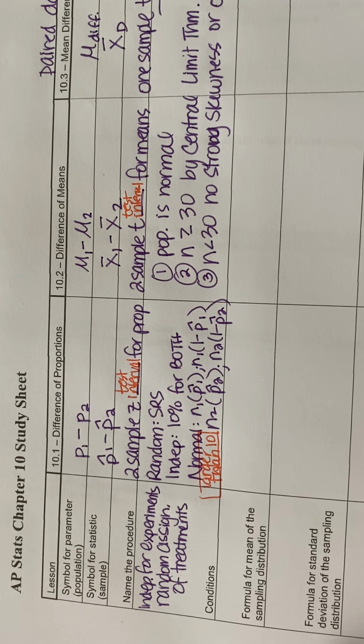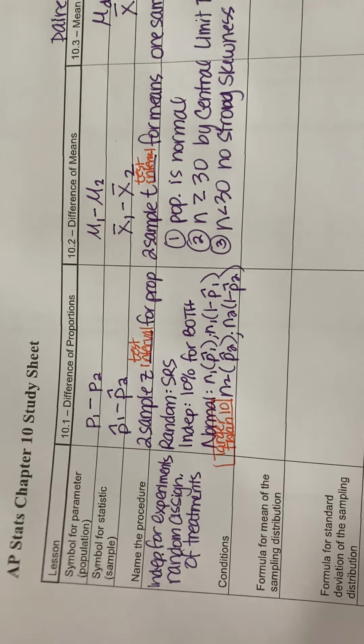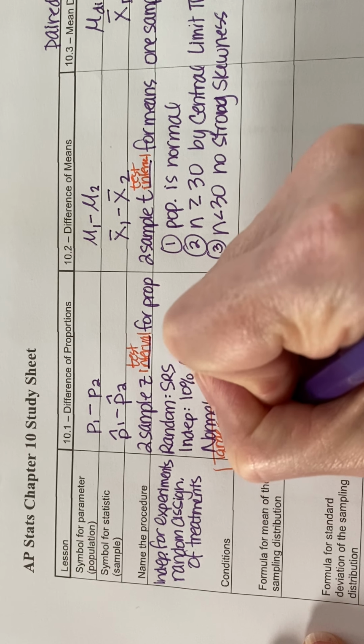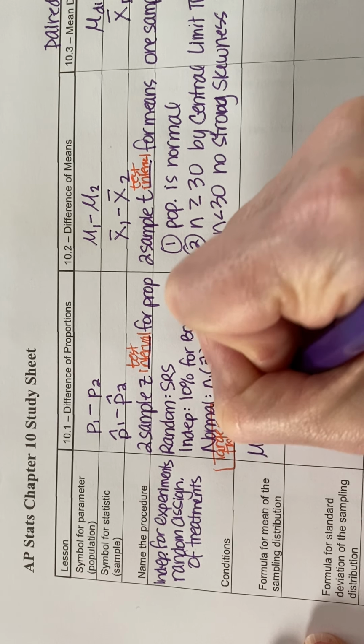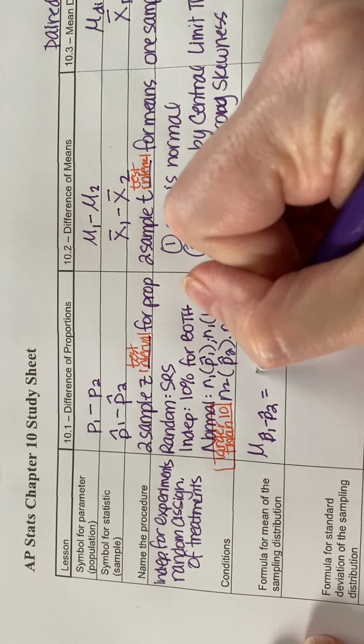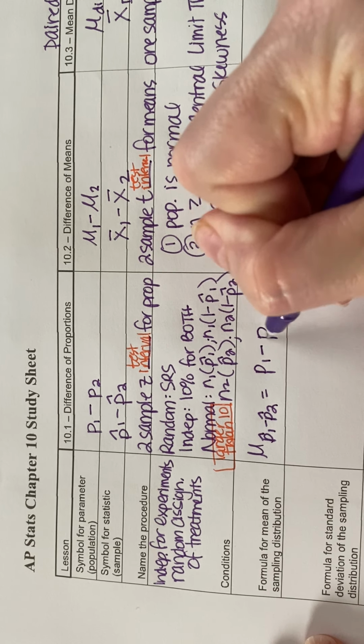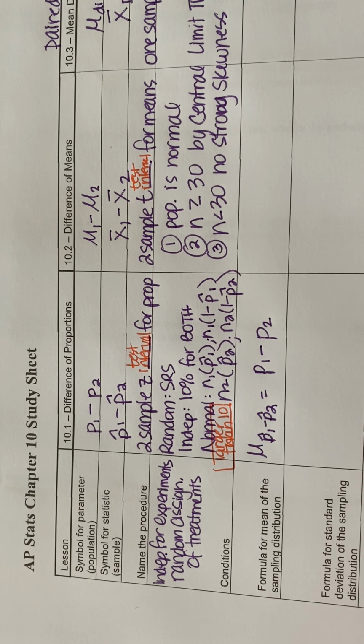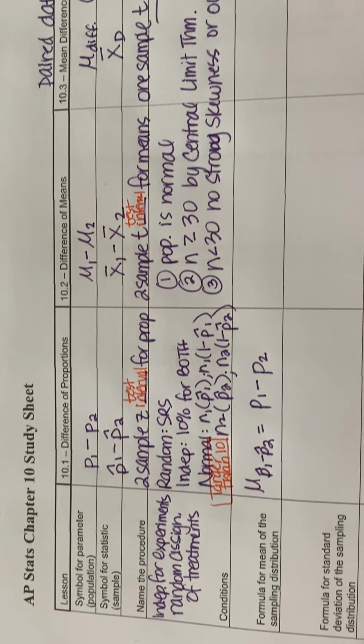All right, so the formula for the mean of the sampling distribution for the difference in the sample proportions is going to be the true population proportion for the first sample minus the population proportion for the second sample.